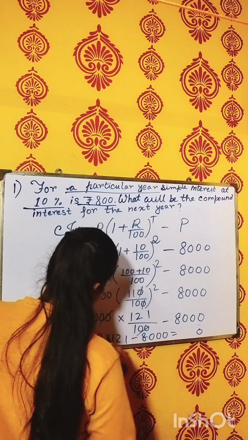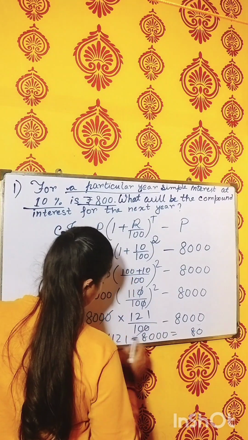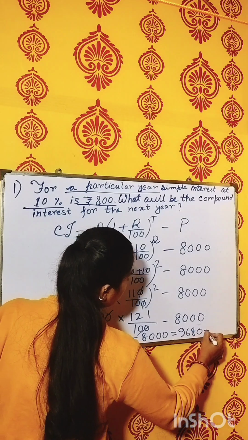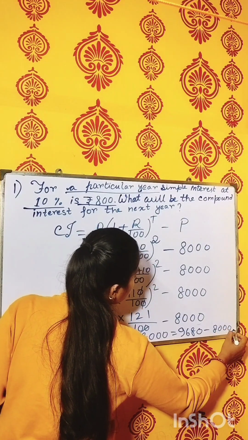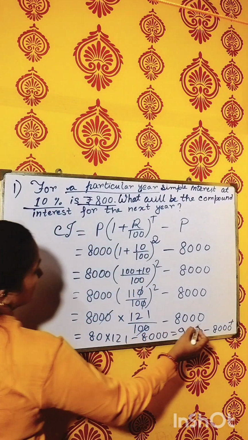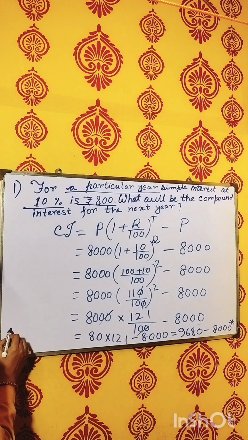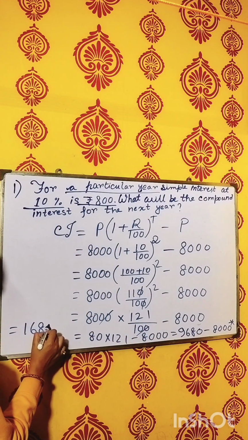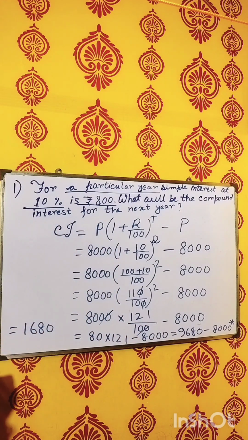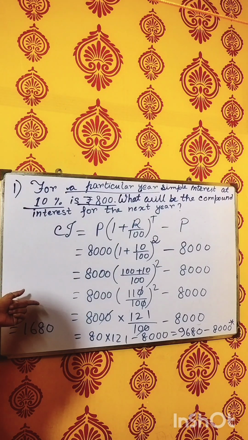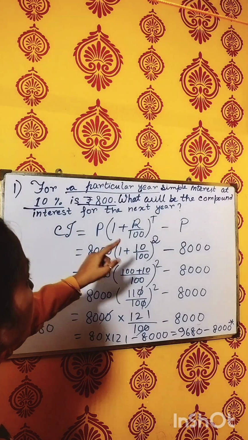We put 0. 8 ones are 8. 8 twos are 16, 8 ones are 8, so 9680, minus 8,000. This equals 1680.